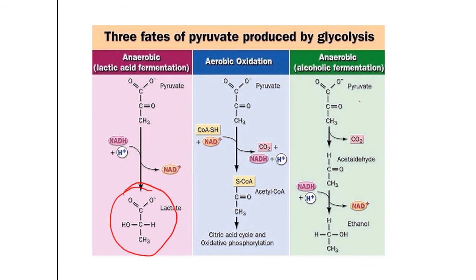For some unicellular organisms like yeast, they will be doing alcoholic fermentation, where they will release carbon dioxide as well as producing ethanol. Okay, but the purpose of the anaerobic fermentation is always to regenerate NAD+, right, so that the NAD+ can allow glycolysis to keep going. So you will at least be getting 2 ATP instead of none.